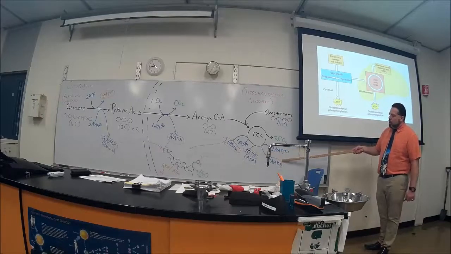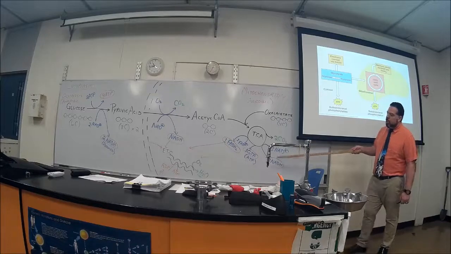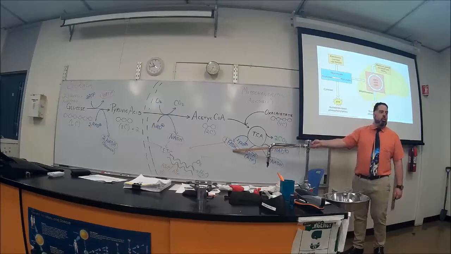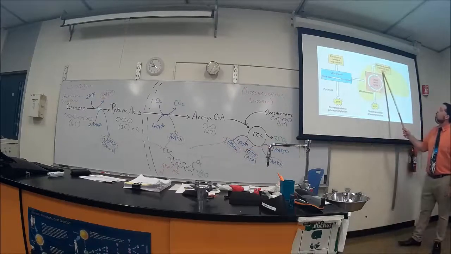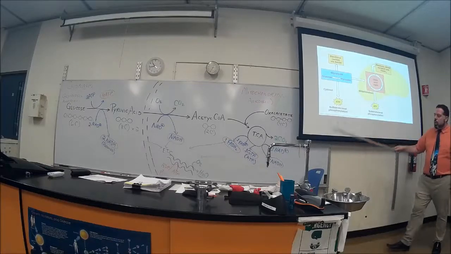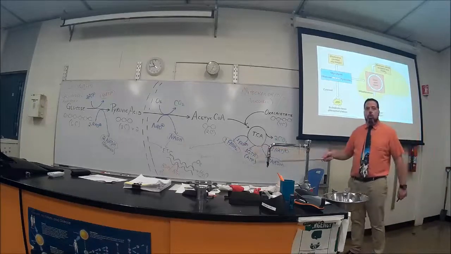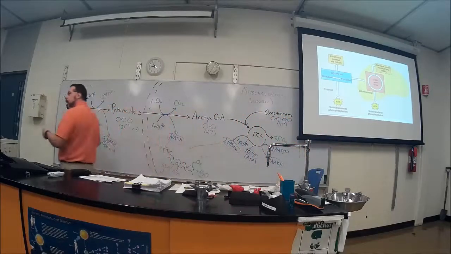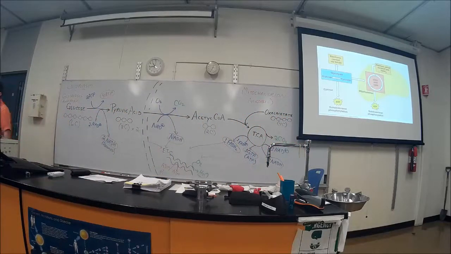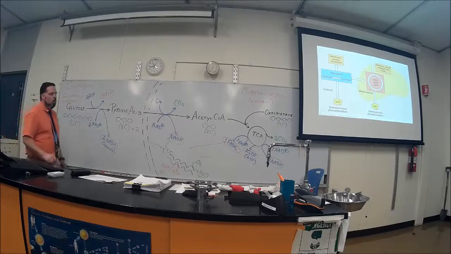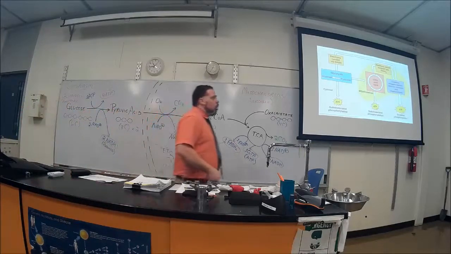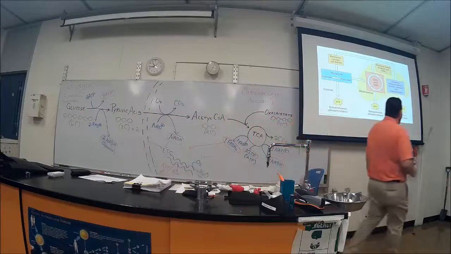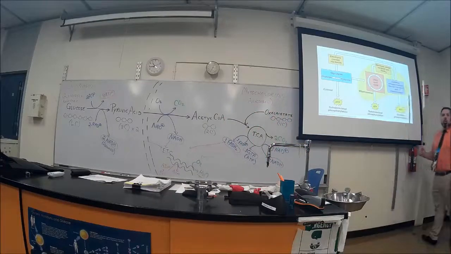But it's also going to make a couple of carbon oxides. It's going to make a lot of NADHs and FADH2s. These guys are carrying those hydrogens that are going to make more ATPs. The electron transport chain is happening here.